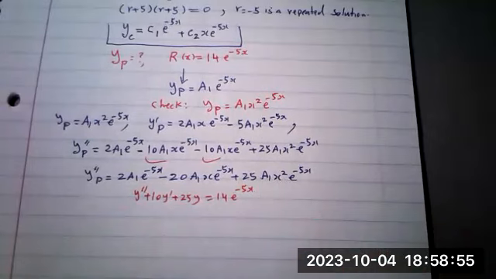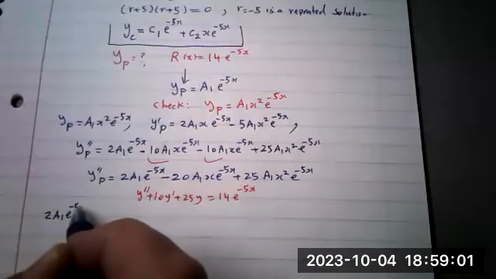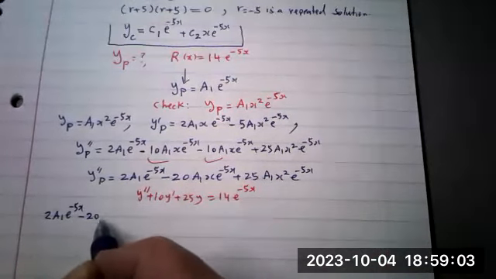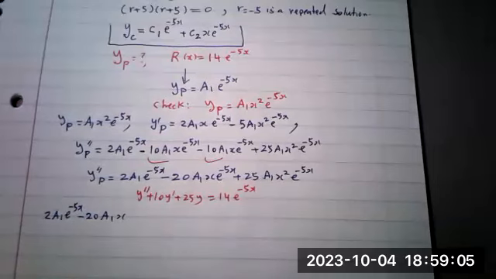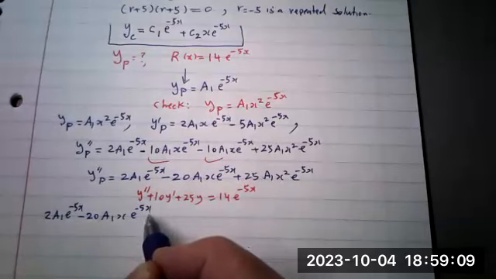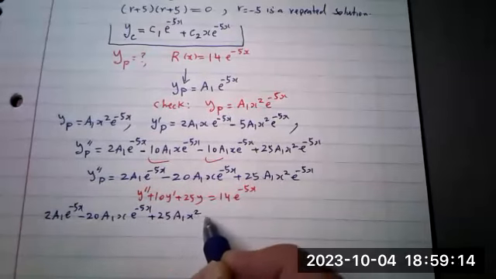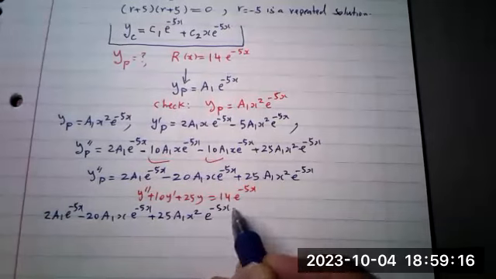Substitute here. This is y double prime: 2a1 e to the negative 5x minus 20 a1x e to the negative 5x plus 25 a1x squared e to the negative 5x.